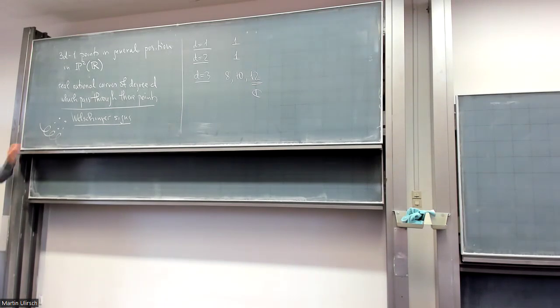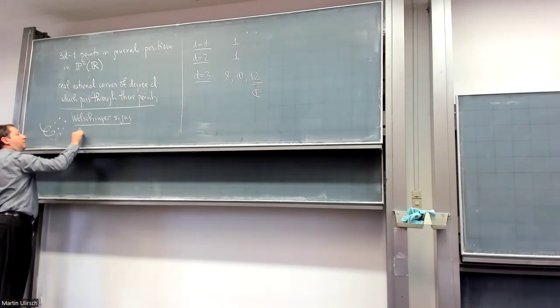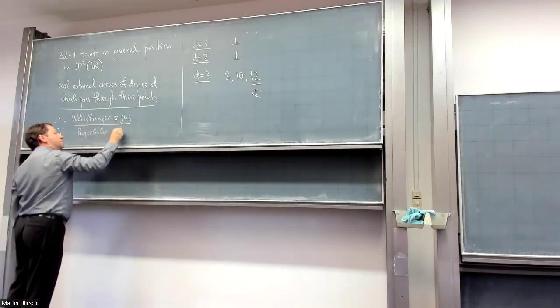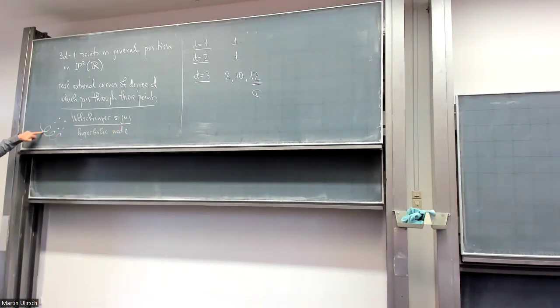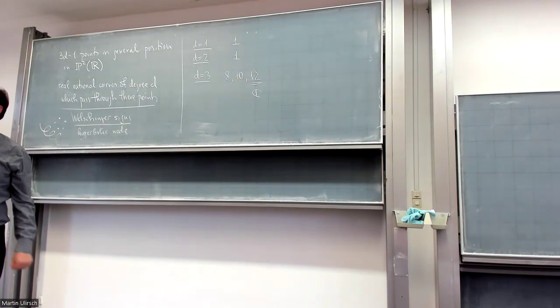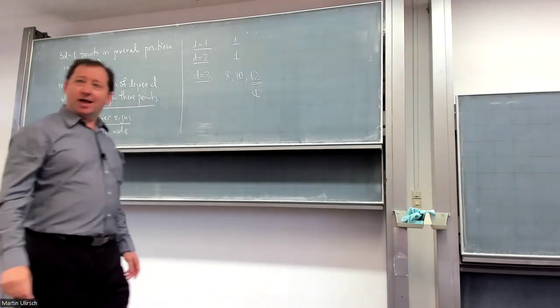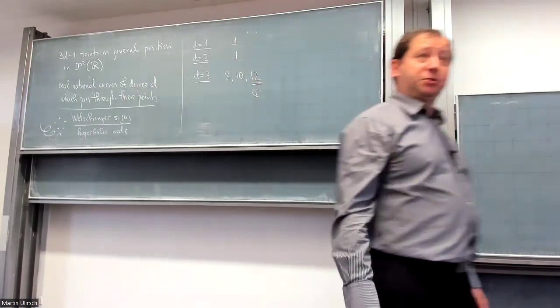This is called a hyperbolic node. It means that this point is a point of transversal intersection of two real branches of my curve, with local equation x squared minus y squared equals 0.